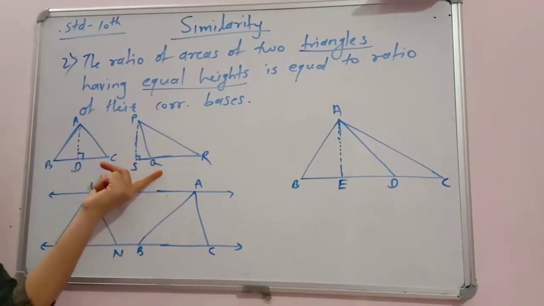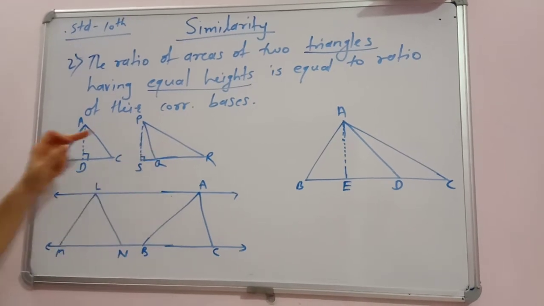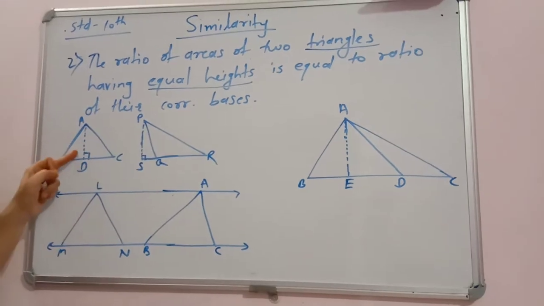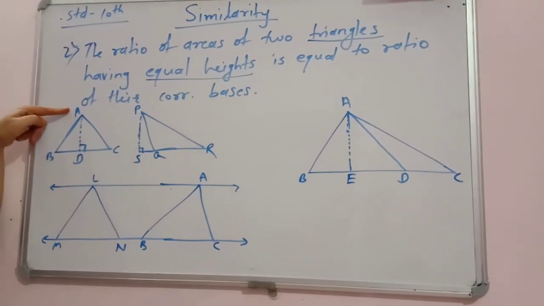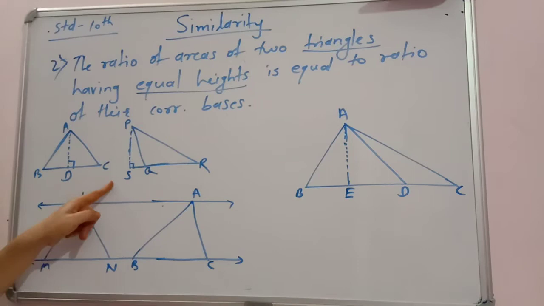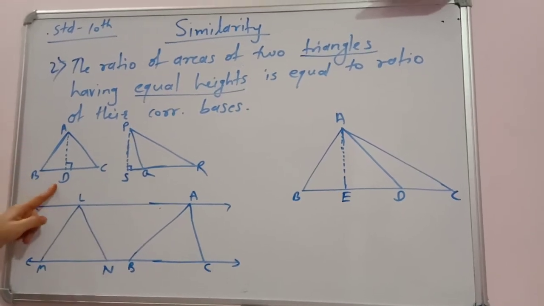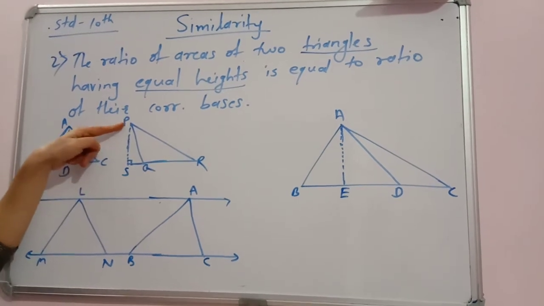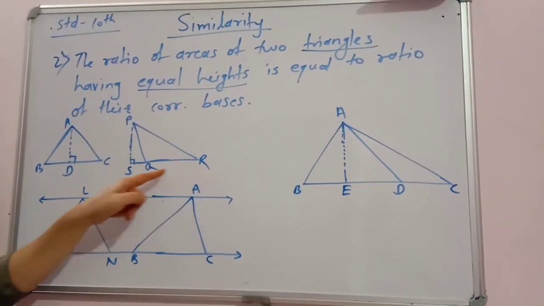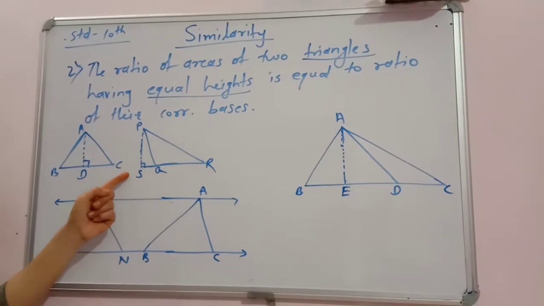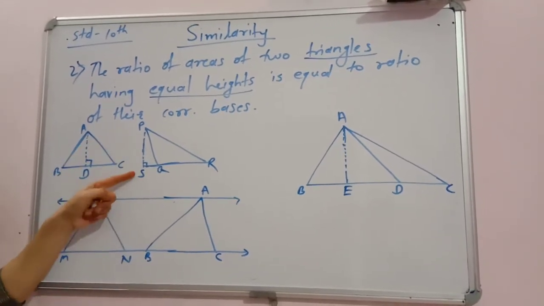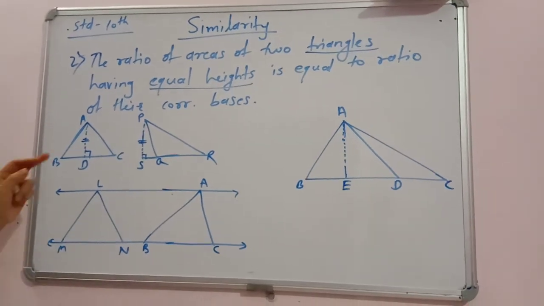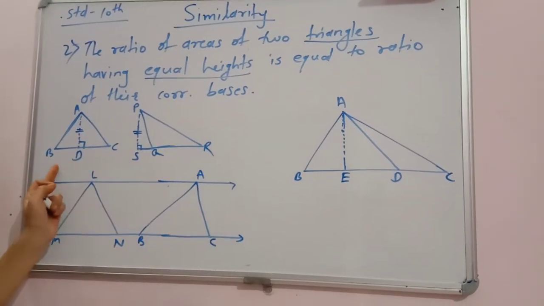I have drawn some figures here. Here two triangles are there, triangle ABC and triangle PQR. It has height AD. I have drawn a perpendicular from vertex A on base BC. Therefore AD is the height of this triangle, and I have drawn a perpendicular from vertex P on base QR. I have extended this base QR, and then PS is the height. Here if AD and PS are equal, then we say that these two triangles have equal heights.